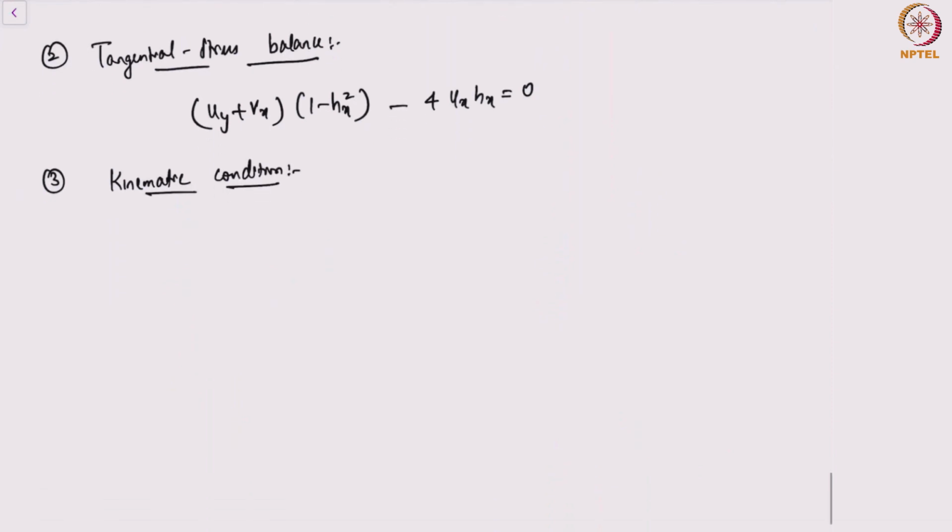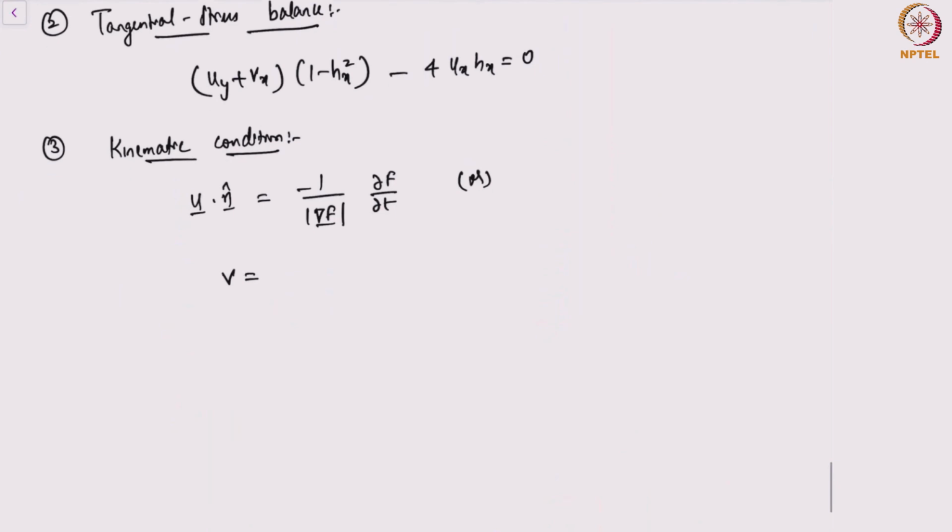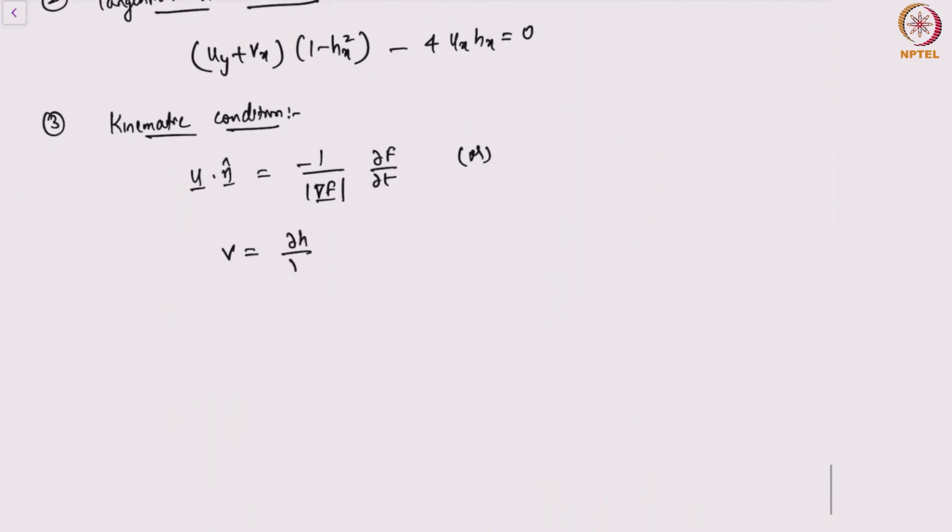We have u dot n at the interface will be minus 1 by grad f times del f by del t, or a more convenient way is that the vertical velocity at the interface will be del h by del t plus u del h by del x, right?